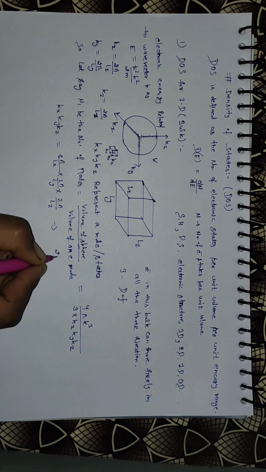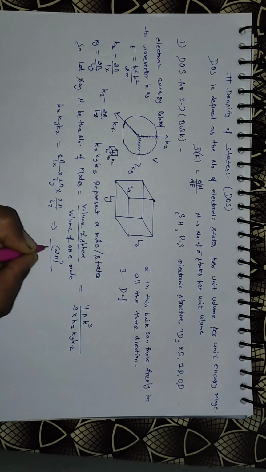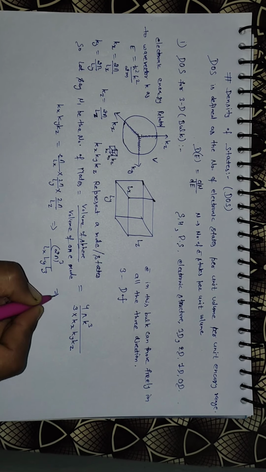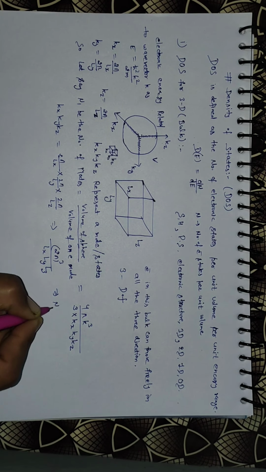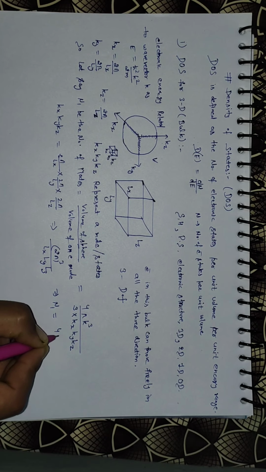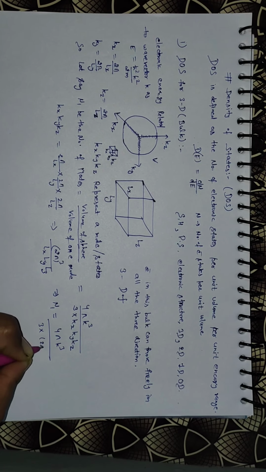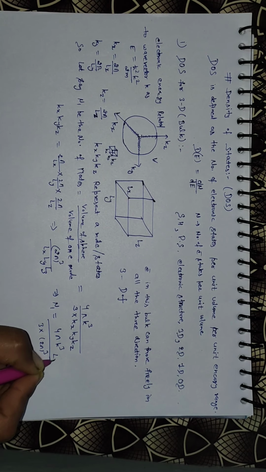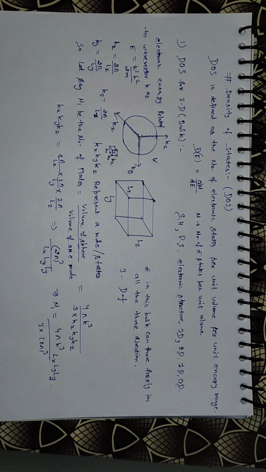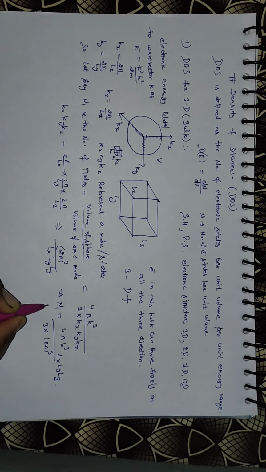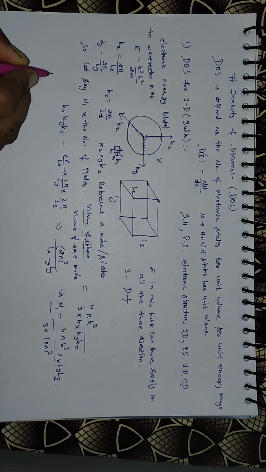After combining these, it is 2 pi whole cube over Lx, Ly, Lz. From here, the number of modes n1 is 4 pi k cube over 3 into 2 pi whole cube Lx, Ly and Lz.